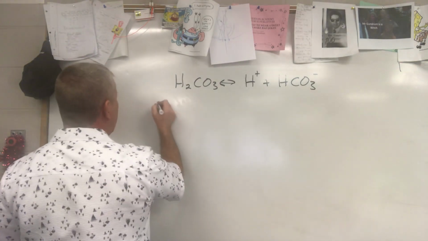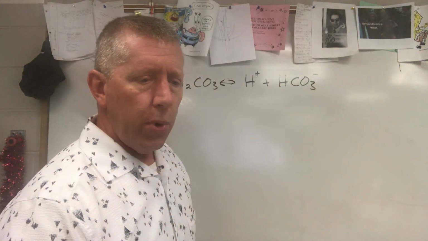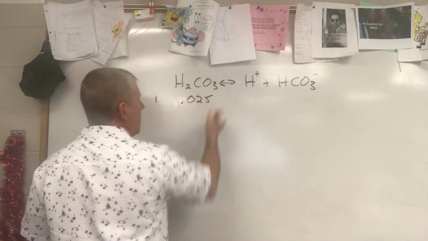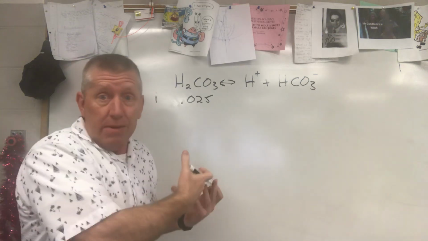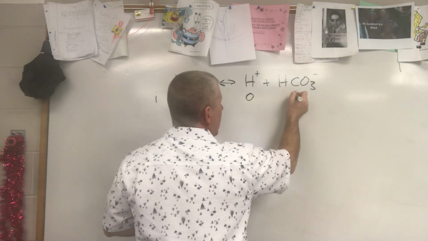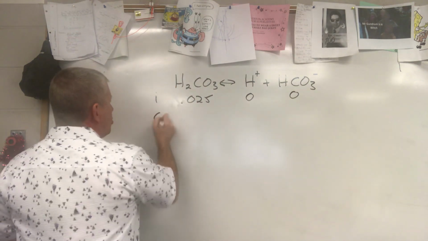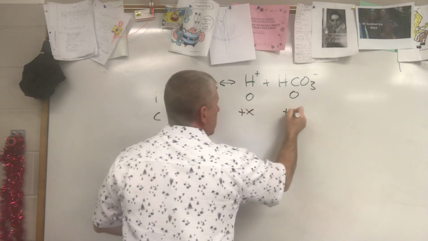Okay, so we have the initial concentration, 0.025. We start out with no hydrogen. Once this thing starts to break down, we don't have any at first. We have no hydrogen, but it will eventually break down and form hydrogen. So I start out with none of that. My change: we're going to lose this, we're going to gain this, we're going to gain that.